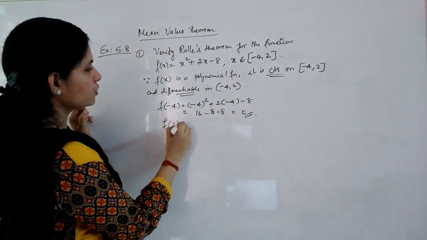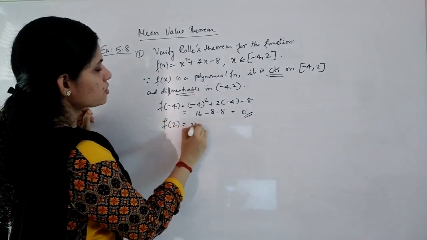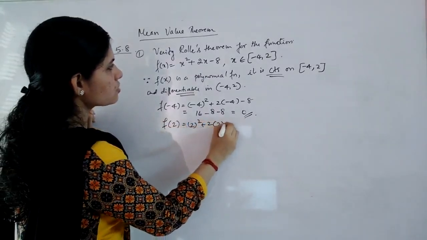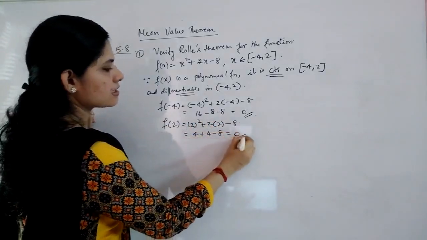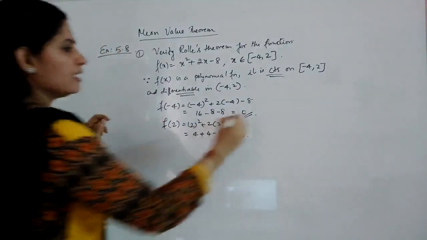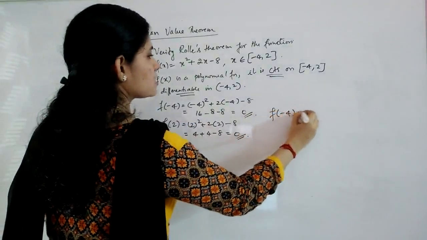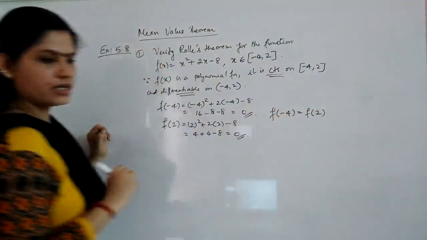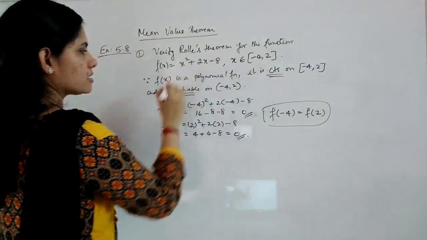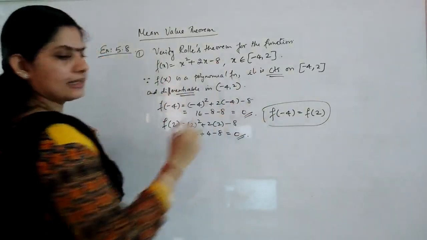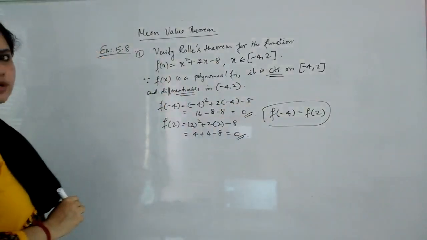And f of 2 is 2 square plus 2 into 2 minus 8, which is 4 plus 4 minus 8, again 0. So you can say that f of minus 4 is equal to f of 2. So you got 3 things. 1, continuous. 2, differentiability. And then third one, f of a equal to f of b.